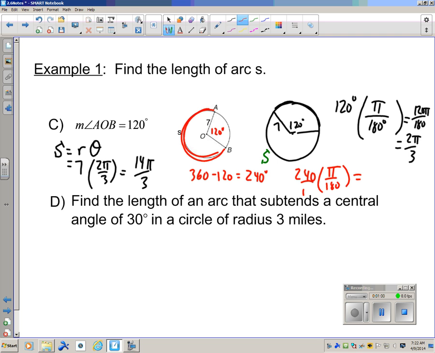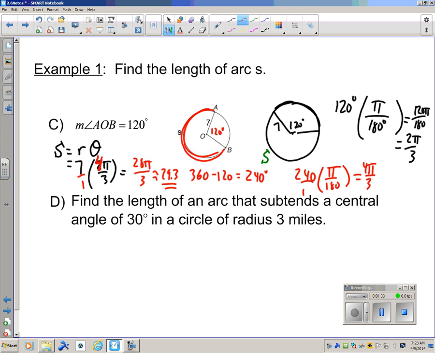When I change this, it ends up being 4 pi over 3 because I get 240 pi over 180, and I can divide them both by 60. So really I'm going to put in here 4 pi over 3. This ends up being 28 pi over 3, and when I do my math on this, I end up getting about 29.3.